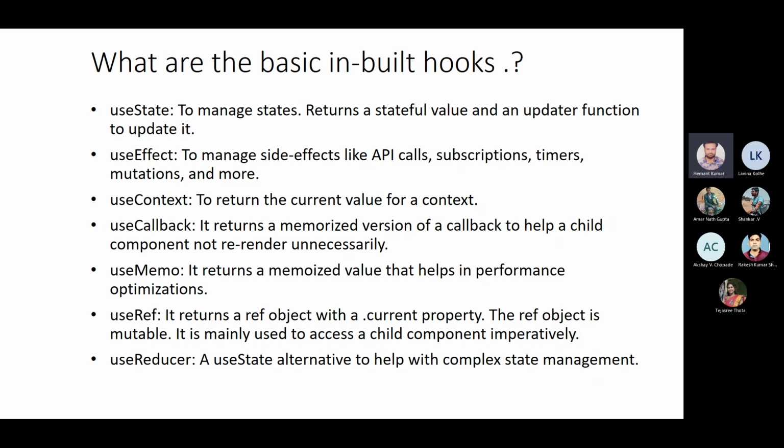So I have covered some basic points on these specific hooks. If you want to know more about these things, you can read about them on Google. That is the task for you guys.